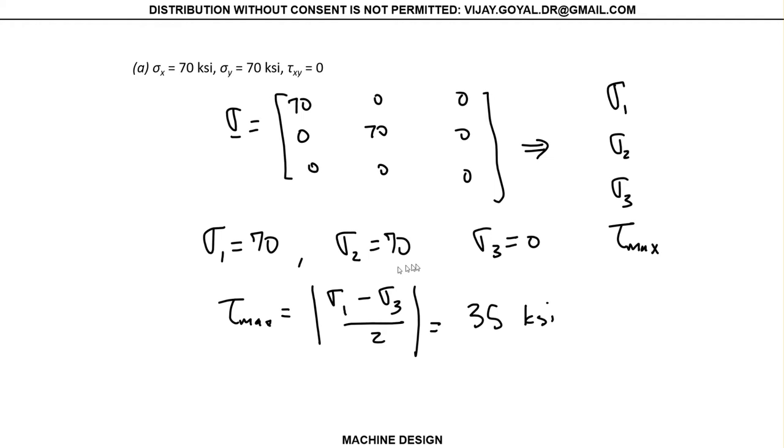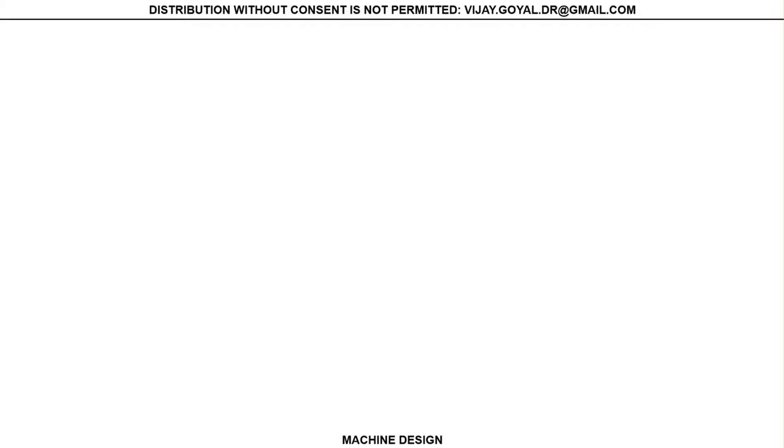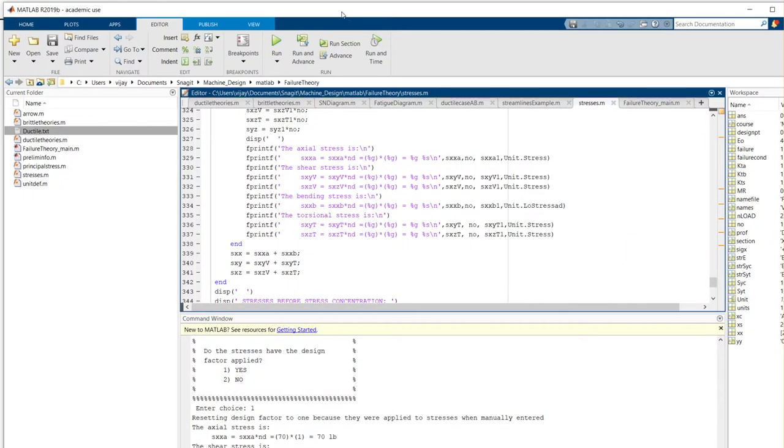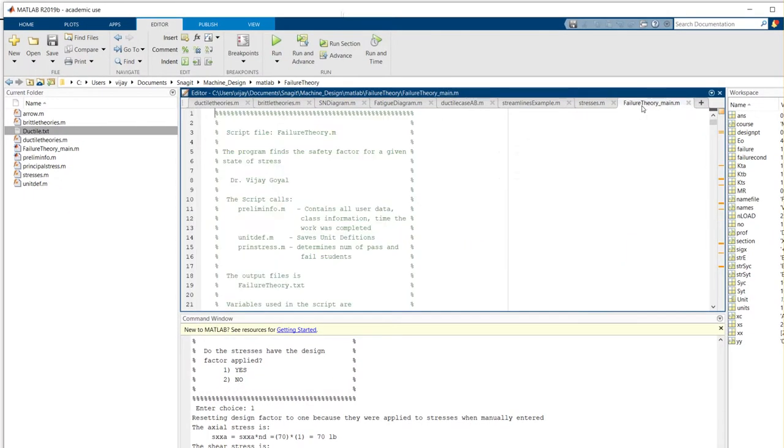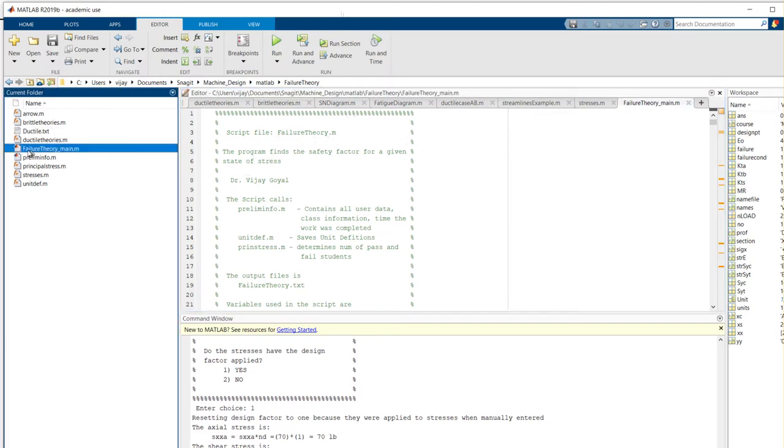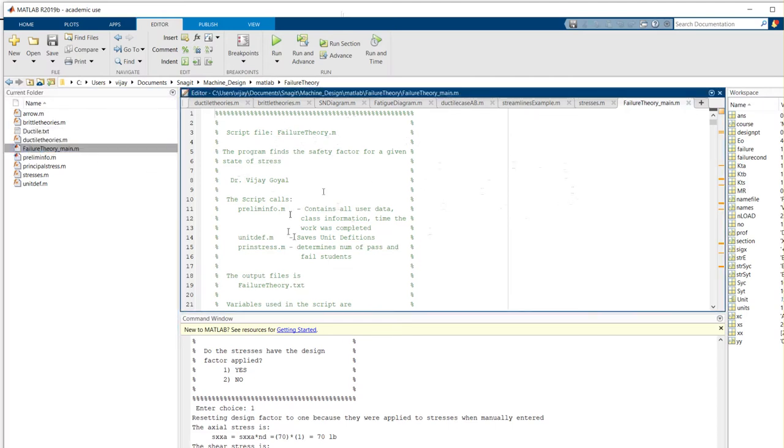Now, what we want to do is find your factor of safety, right? To find the factor of safety for each one of these three cases, we are going to use our MATLAB code to assist us. So let me just pull up the MATLAB code here. Okay, so this MATLAB code, this is what it does. You want to go to the folder where you saved it. And this file that says main, that's the main file you're going to run. To run it, you press here.